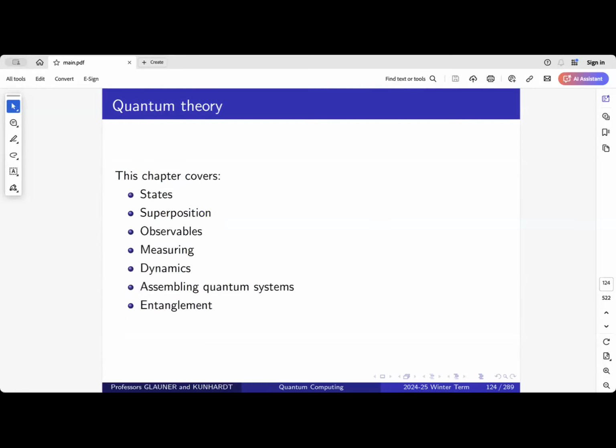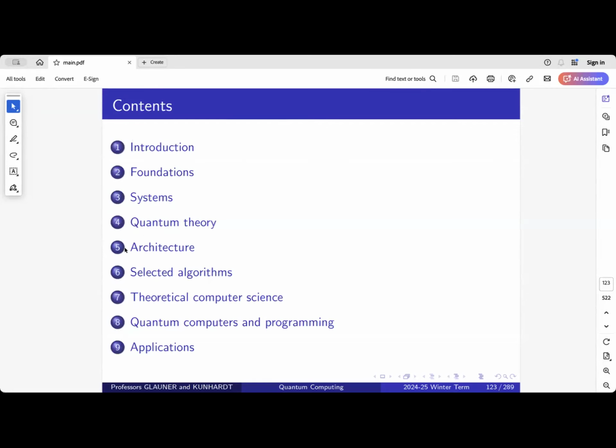In this chapter, we will discuss some of the foundations of quantum theory, some of the things you have seen before, but we'll generalize them a bit. There will be some new things, some new notations, and we'll look at these things, not all of them in super great detail as you would do in a quantum mechanics course, because we'll need all of this later to work with qubits.